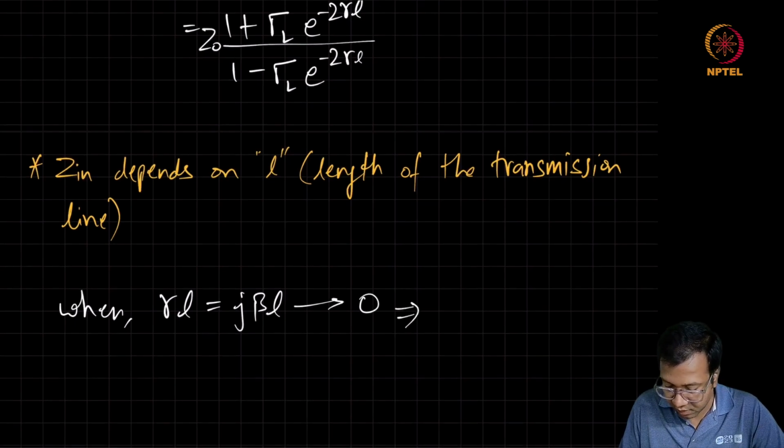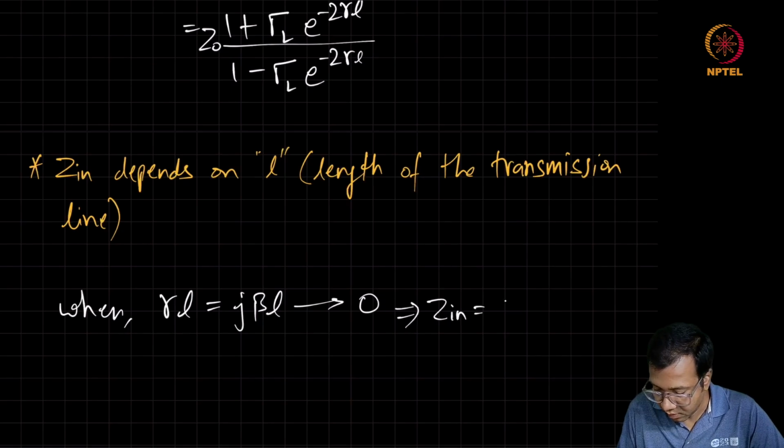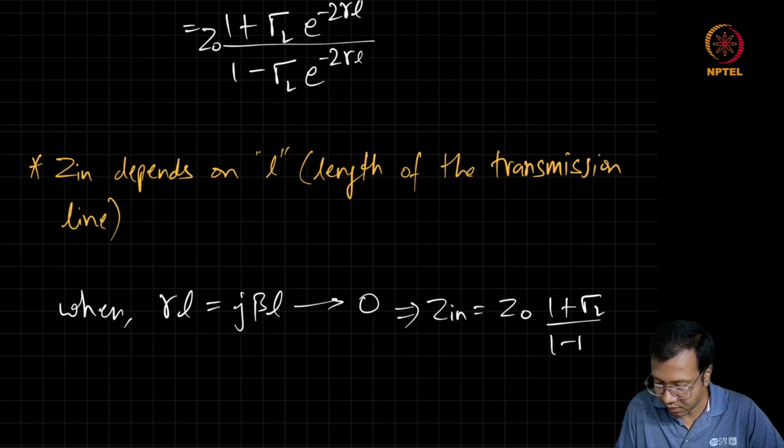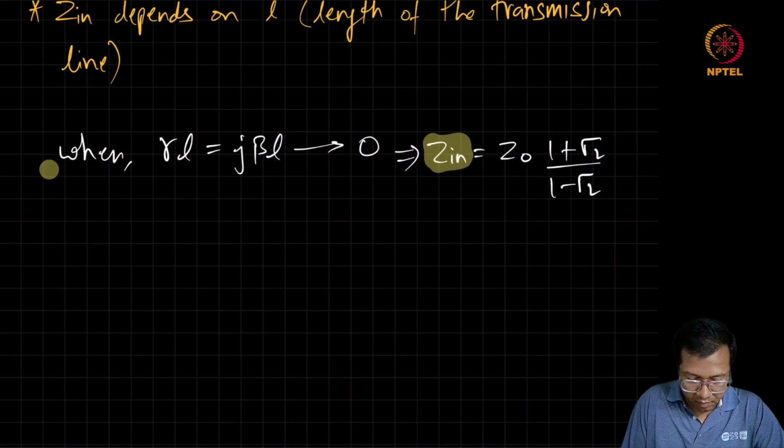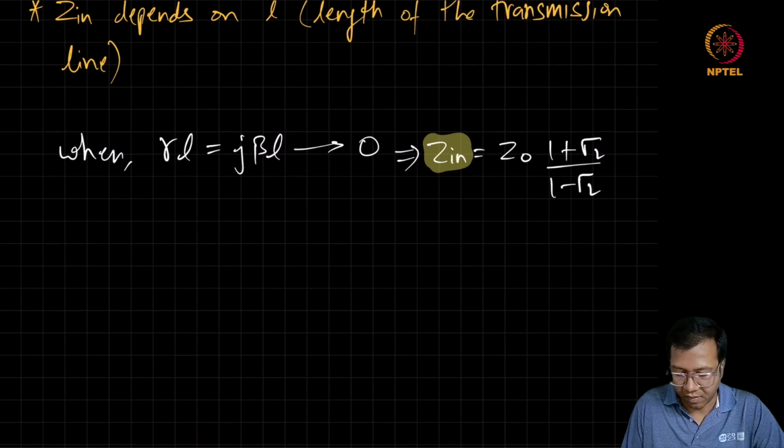It implies the looking-in impedance is equal to Z0 times (1 plus Γ_L) divided by (1 minus Γ_L). So this is a very useful situation. But how do we make this term j beta L tend to 0?